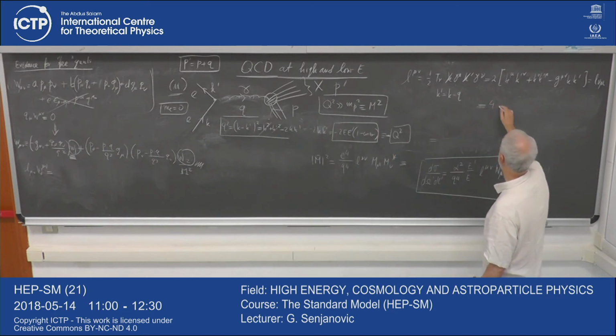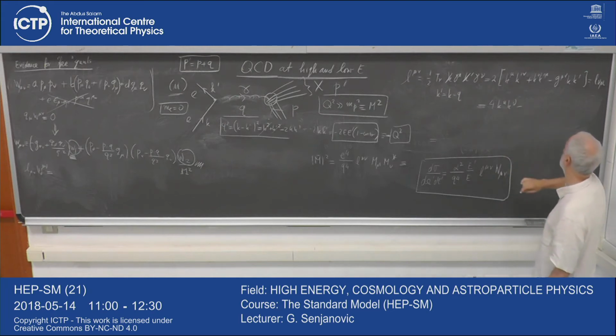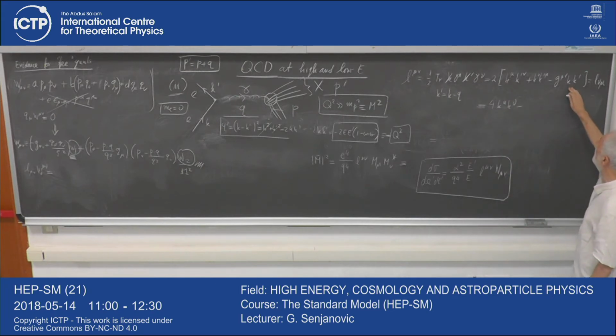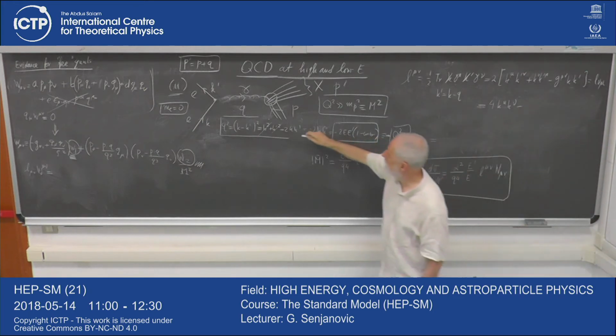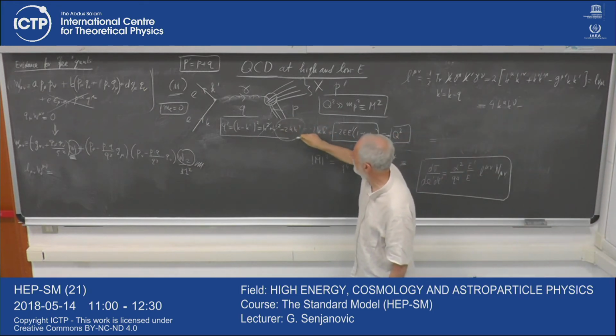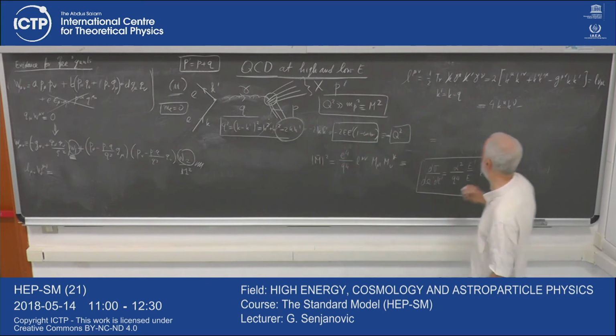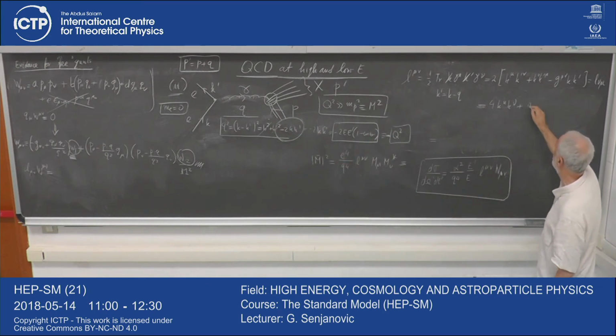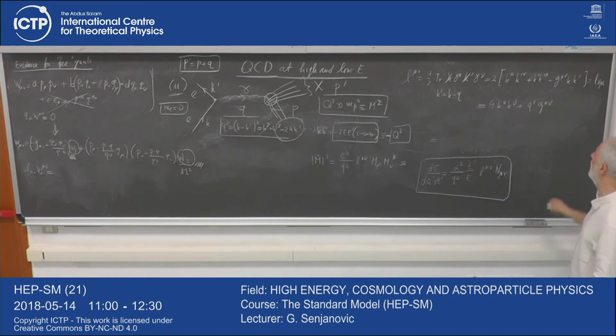This is actually 4K mu K nu minus, and notice that K prime is minus a half Q squared. Okay, so this becomes plus Q squared g mu nu. It's a bit simpler.